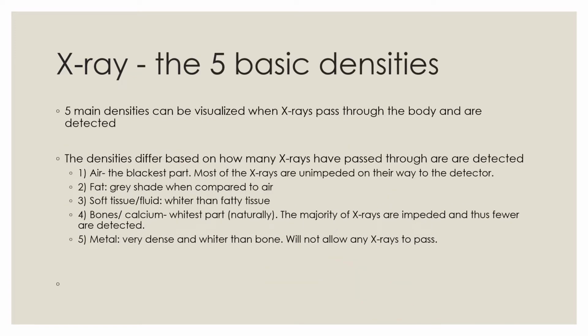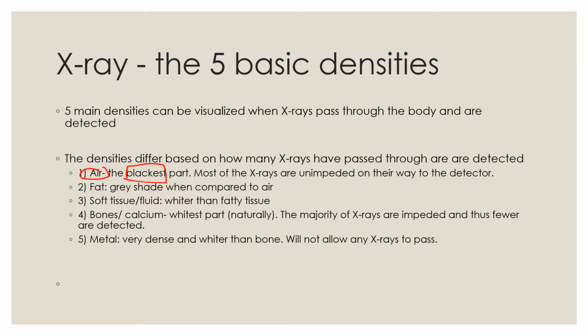So when X-rays meet the detector and create an image, there are 5 main densities that can be visualized. This is a direct result of how many X-rays have passed through the subject and arrived at the detector. For example, if all of the X-rays pass through air, most of them will arrive at the detector, and the area that represents air will be black.